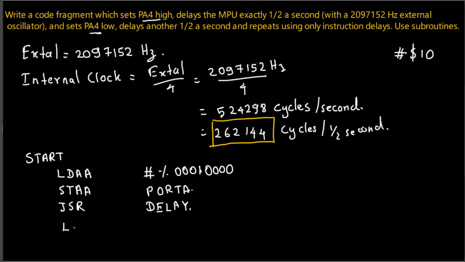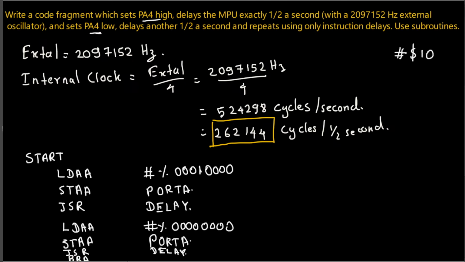So for PA4 low we load accumulator A, and here same thing, we put 8 zeros, and then STAA port A, and then JSR, again jump to the subroutine delay, and then BRA, that is branch always, to start.